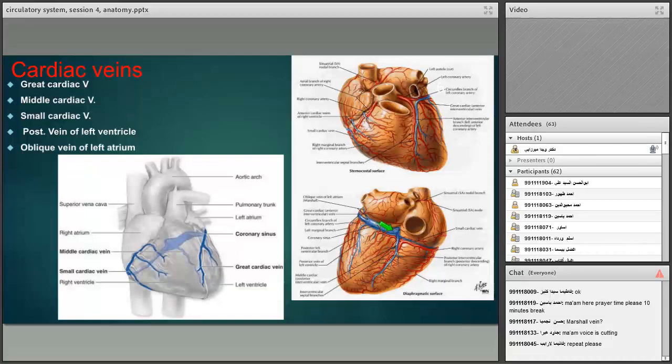And at the end, the coronary sinus is draining the blood into the right atrium.